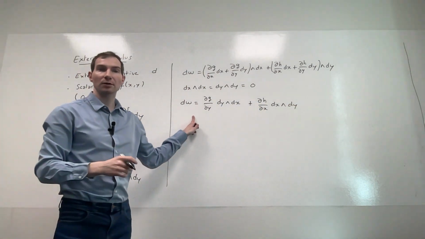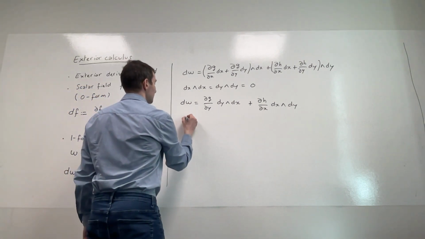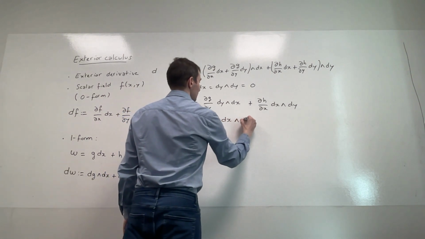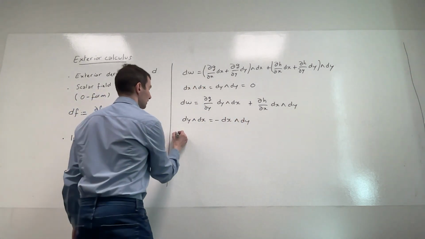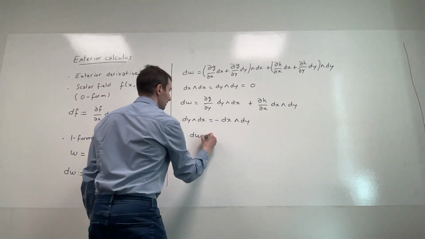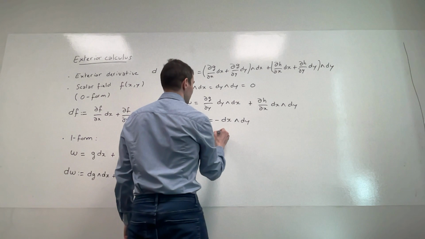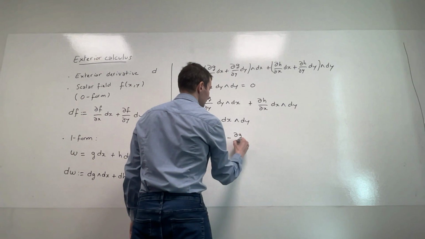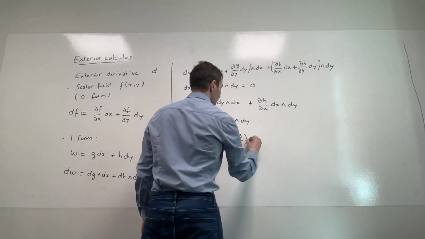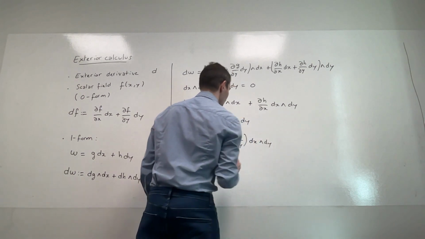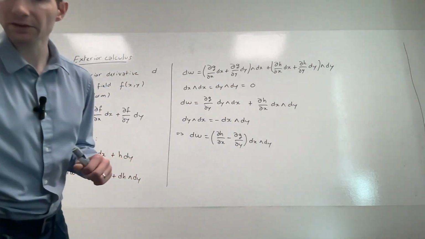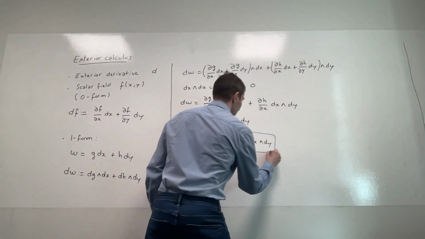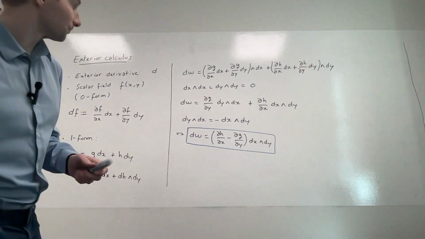The next property to remember is that dy wedge dx is equal to minus dx wedge dy. Therefore d omega is equal to dh dx dx minus dg dy dy, and then dx wedge dy. I think this is important enough that I should highlight it, because this is the outcome, if you will, of a sort of derivation.